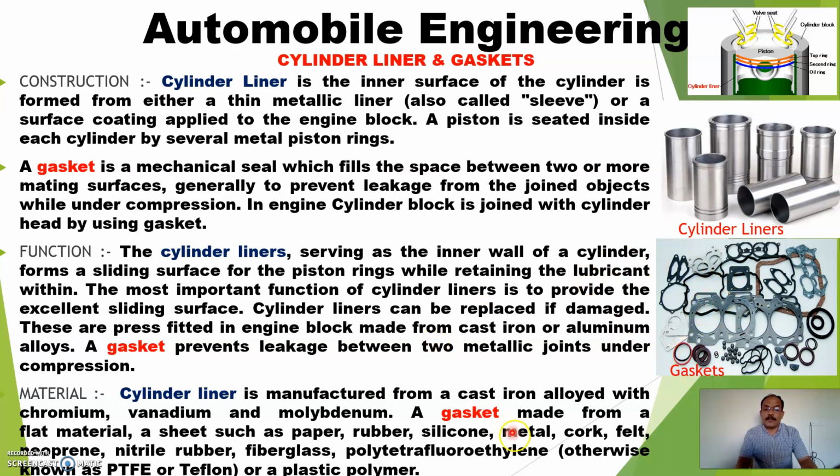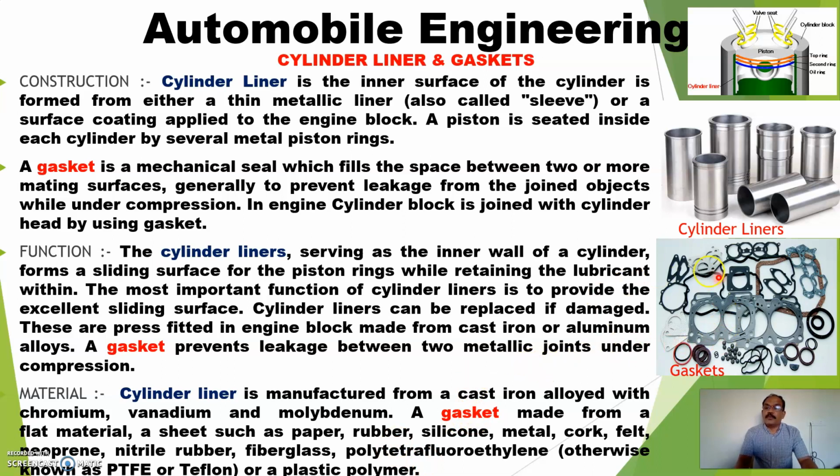These gaskets are made of flat material or sheets such as paper, rubber, silicon, or metal. Some gaskets are made of a soft metal, copper, or cork, or in some modern engines, plastic polymer.